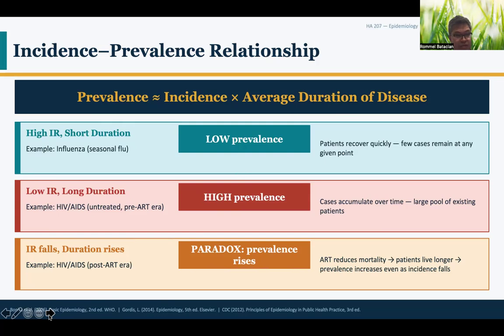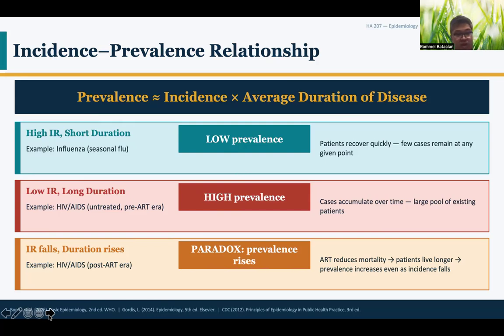But remember, the disease course was essentially a life sentence, and the patients lived for years before dying. So the cases accumulate over time, and this means there is a high prevalence. Even if there are relatively few new cases per year, there is growth of that pool.